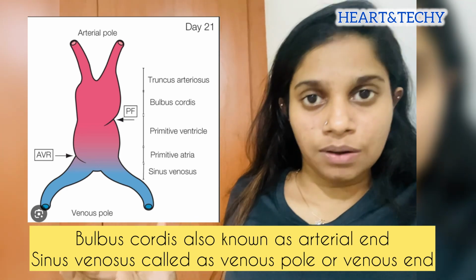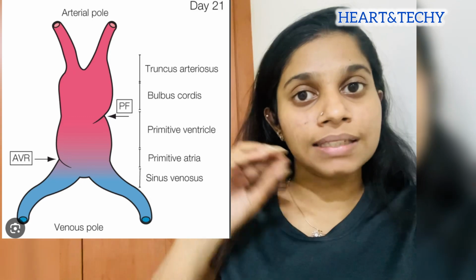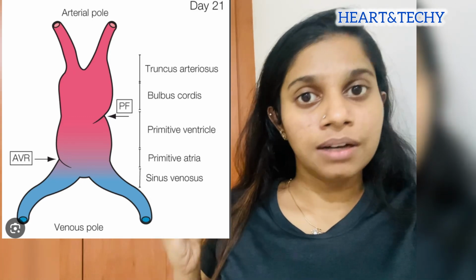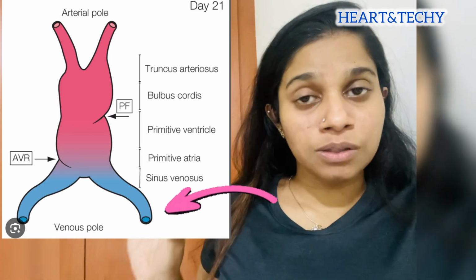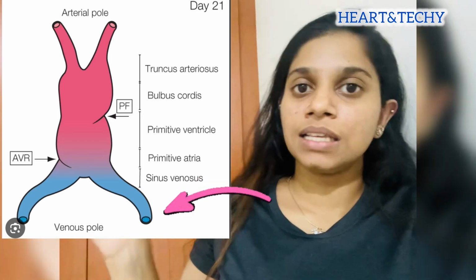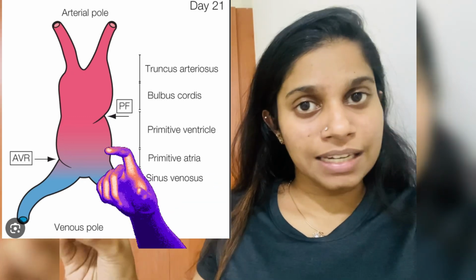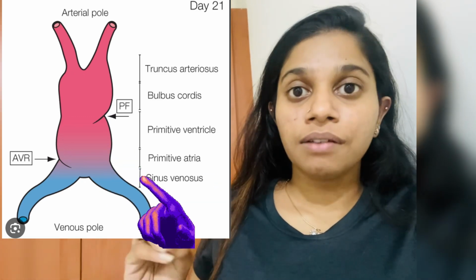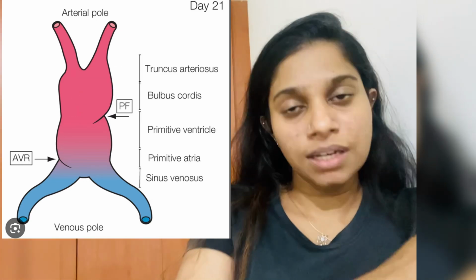All the veins present in the fetus take all the blood from the fetal body into the sinus venosus part. This will be the developing SVC and IVC and all. This will be redirected into the atria. From the atria, blood goes to the ventricle. There won't be any valves in between.